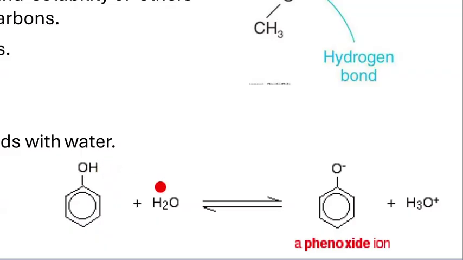In turn, water is acting as a base because it accepts the proton from the phenol. When phenol loses its proton, it makes a conjugate base that is called the phenoxide ion. And since water accepted the proton, it forms the conjugate acid, the hydronium ion.